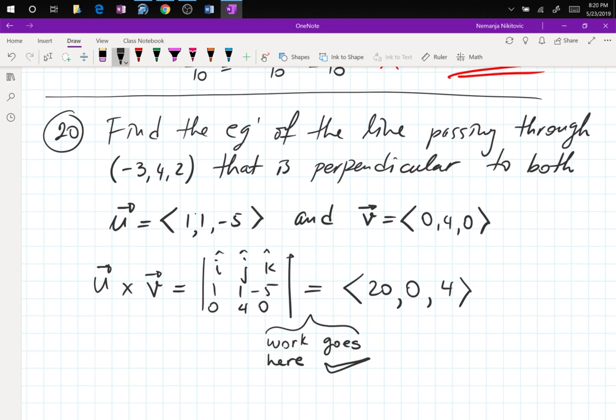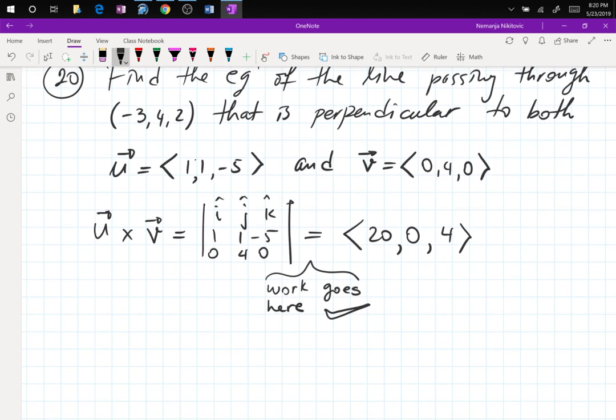So now I have my direction vector v, oh, this is terrible. You know what? I'm going to change this into vector w, so that way you don't have to erase anything. Because remember, our vector for the line is v and then multiplied by t. So this is your vector, 20, 0, and 4.